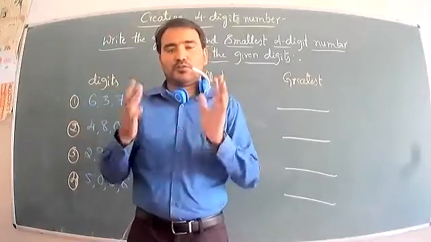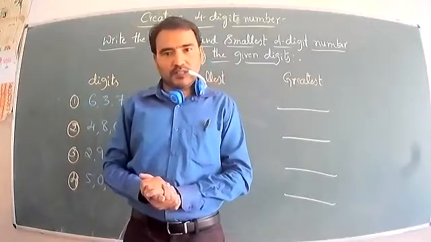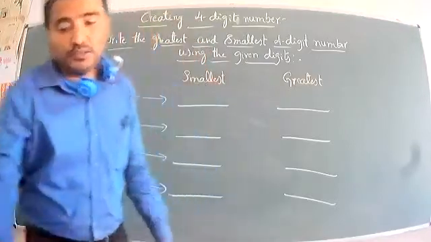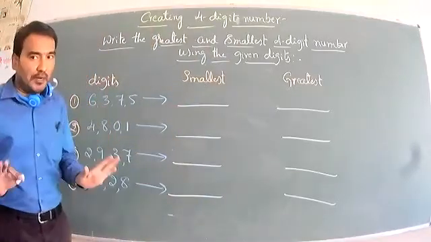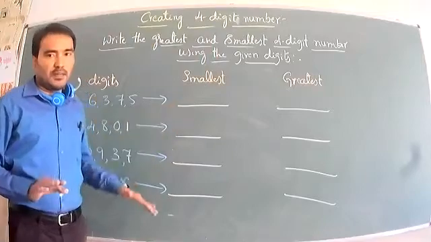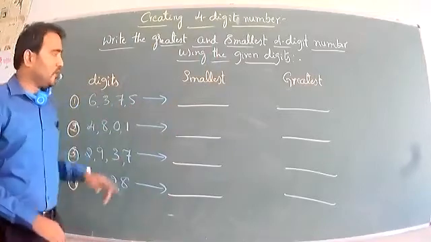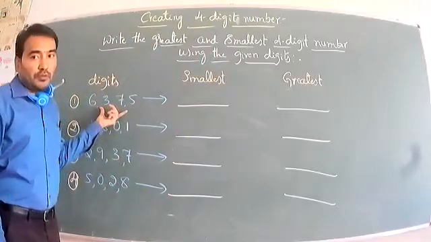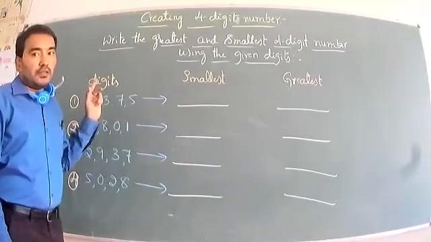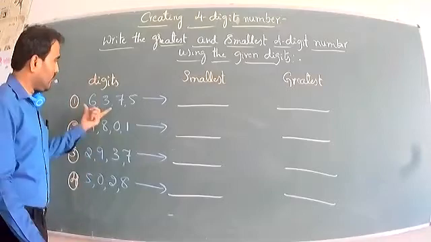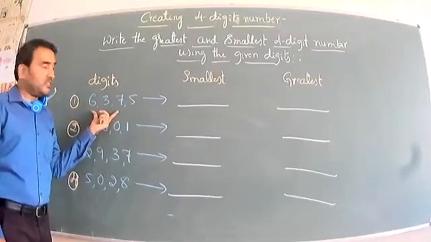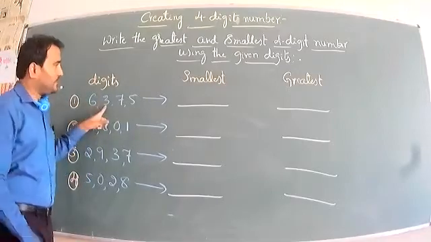Here, when we write the smallest and greatest numbers, don't use a comma. I already told you to write the smallest number with the digits in ascending order. So for ascending order, smallest first: which number is smaller here? 3.